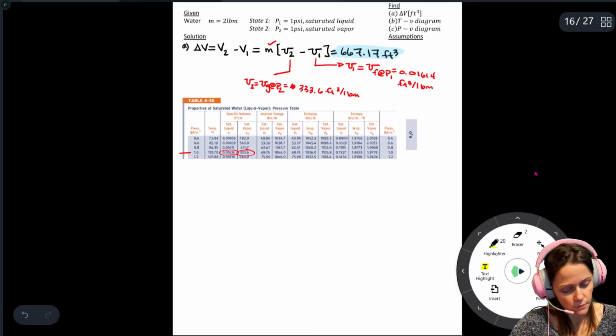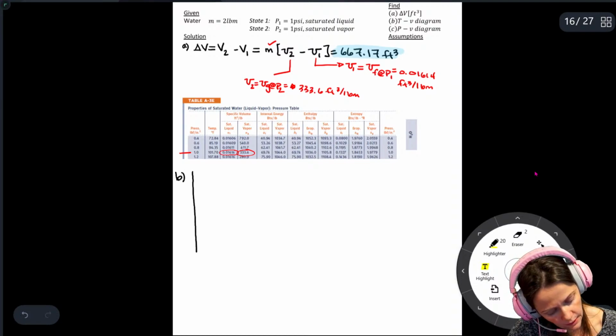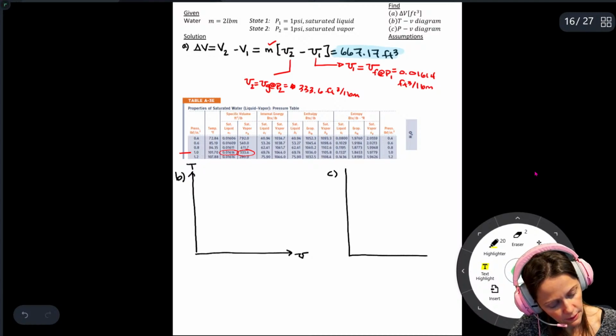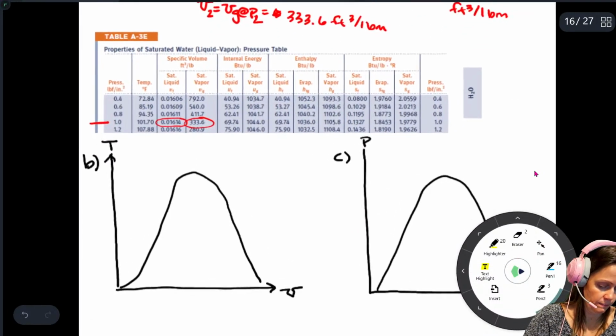Okay. So for part B, this is going to be our TV diagram. Part C, that'll be our PV diagram. So let's put this guy like that, this guy a little more that.